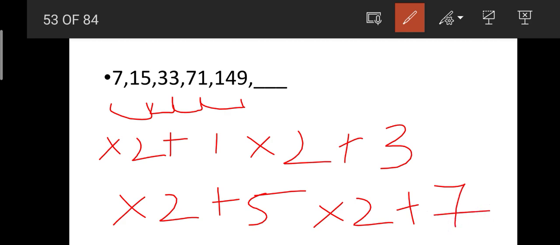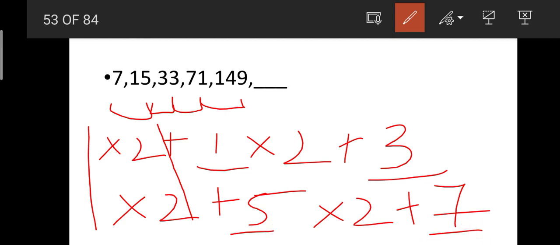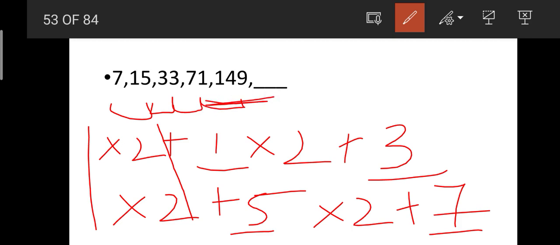If you observe here clearly, this is very simple. They are multiplying with the same number but they are adding the odd numbers, 1 3 5 7. So in order to get our answer, we should multiply the previous number with 2 and then we should add 9. What is our previous number? It is 149.